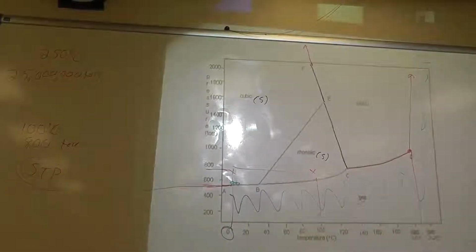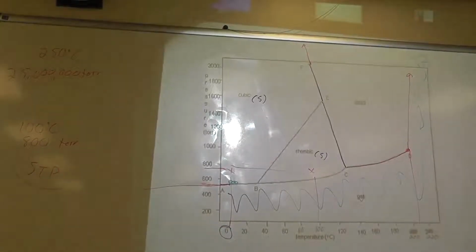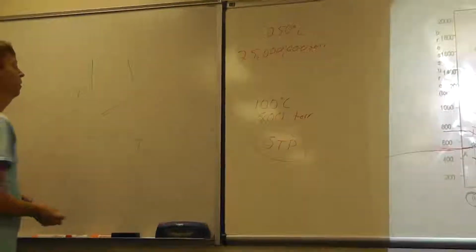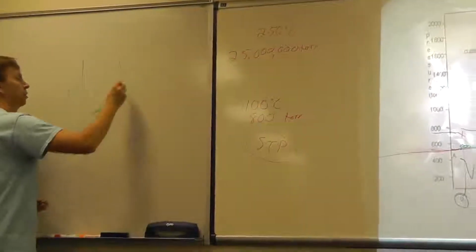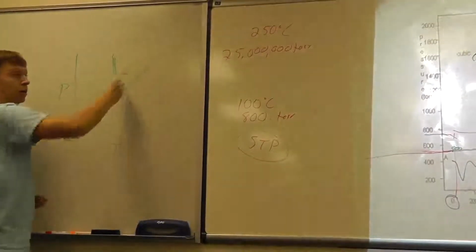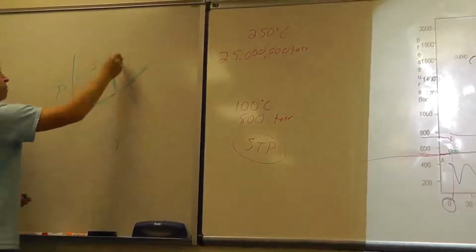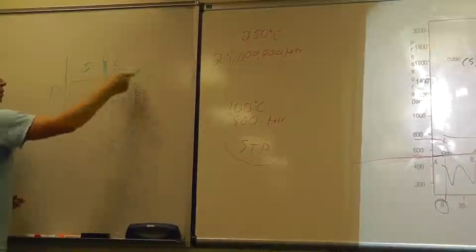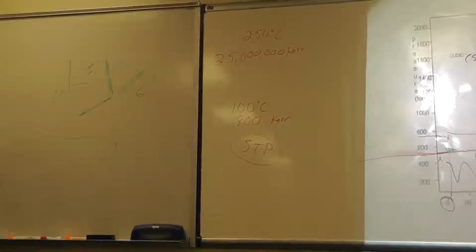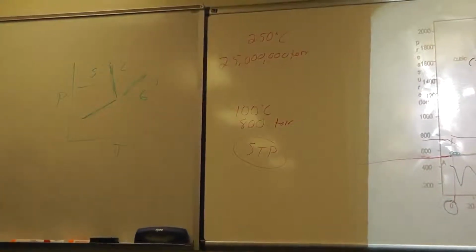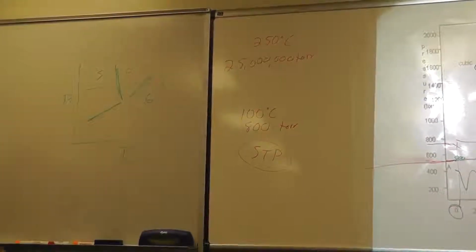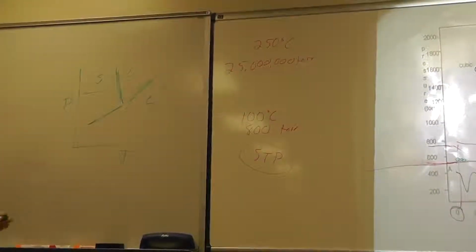On a blank chart, you should know where solid, liquid, gas are. Even on the blank chart, you should know that this is sublimation, this is melting, this is boiling, because that's the pattern of your phases. As temperature goes up, solid, liquid, gas, transition. So they're not going to label it? Well, if they're not, it's not a hindrance. You should know where they are.